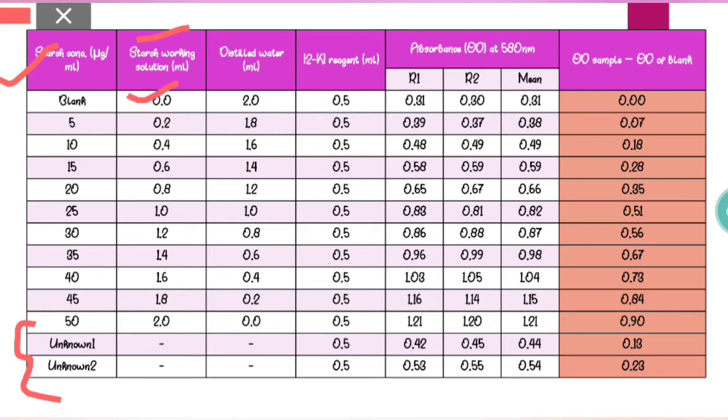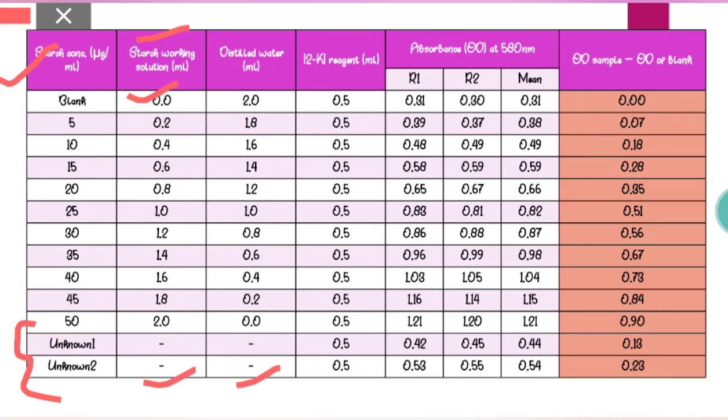And for the unknown, in the lab we already told you how much to take and the volume of distilled water. But during the exam you will be provided an unknown sample solution. So you will not know the volume of the starch and the distilled water. So you will leave it blank, since this is the unknown.